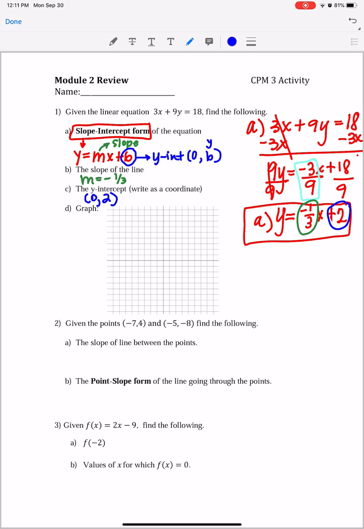So then graph. When you graph, we've got 2 steps. Start with the y-intercept.